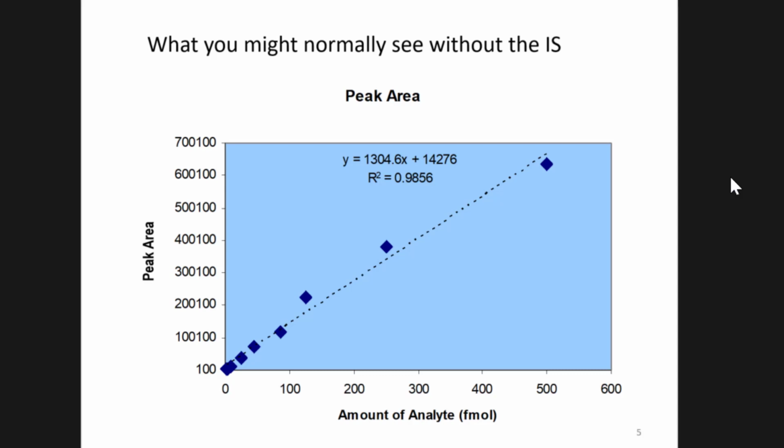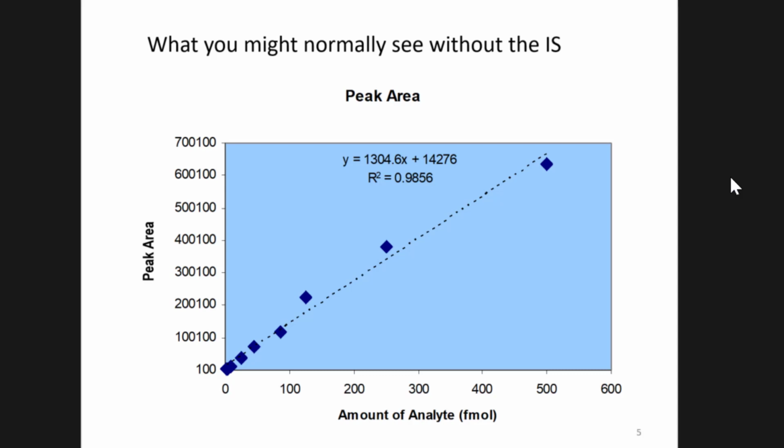So ideally, when we run a response curve, we want to see how the peak area changes as we change the concentration of the analytes. And ideally, we would love it to be a one-to-one relationship, a y equals x kind of relationship, but that never usually is the case. Here, this was done from a serial dilution, and you can see it doesn't have quite a linear relationship when we plot just the peak area of the analyte.